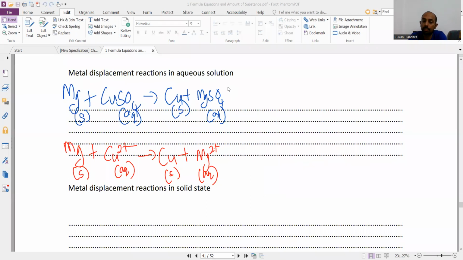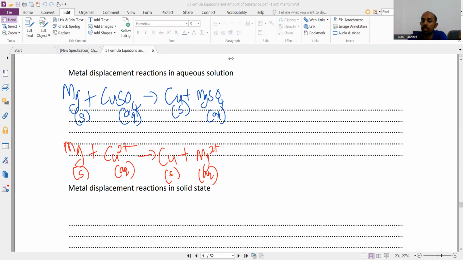This is exactly how you have to face the exam. What kind of color change can you see? Very good.